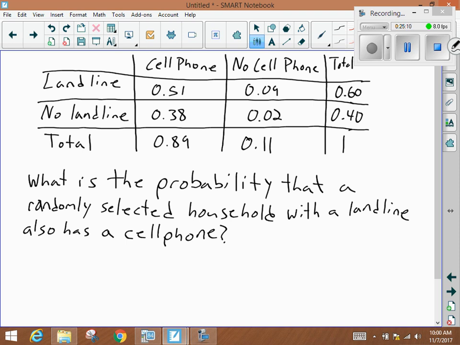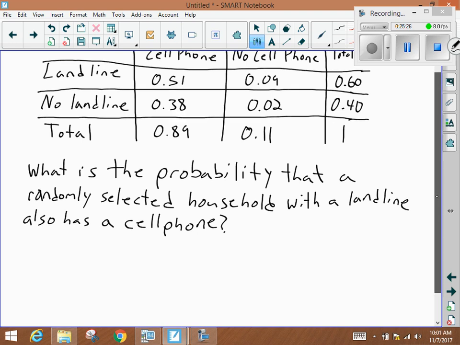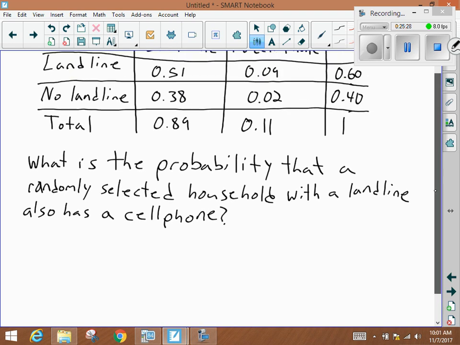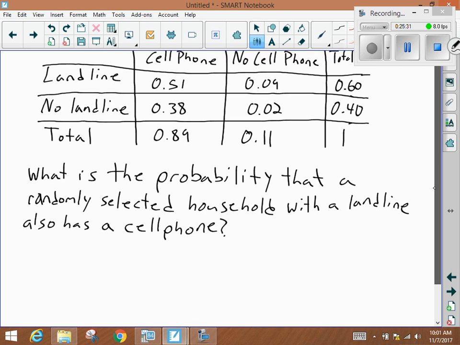So we're really only concerned with the ones that have a landline, right? In this case, that's different than the probability that they have a landline and a cell phone. What we're looking at is the probability that they have a cell phone, given they have a landline.